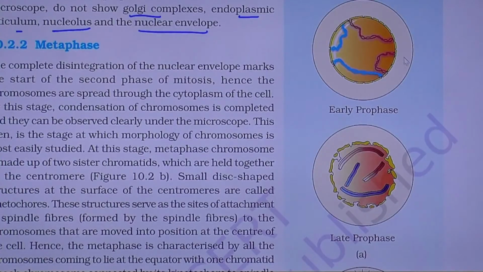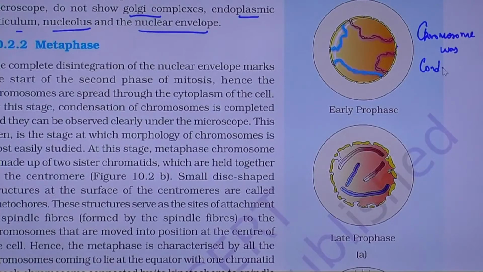See here, in the early stage chromosomes were condensed, so these condensed materials disappear. The Golgi complex, endoplasmic reticulum, nucleolus and nuclear envelope disappeared.